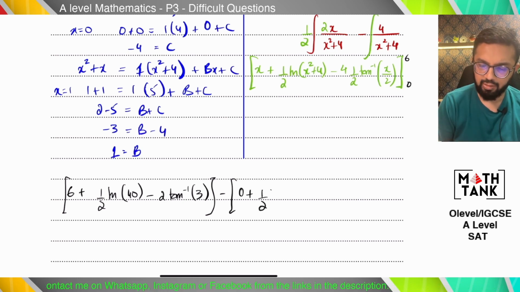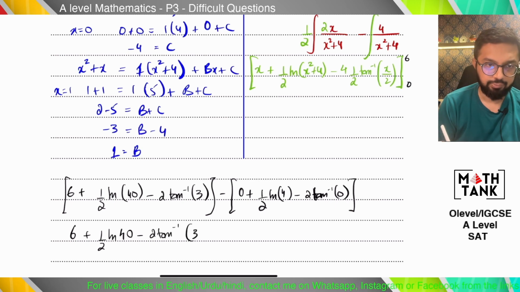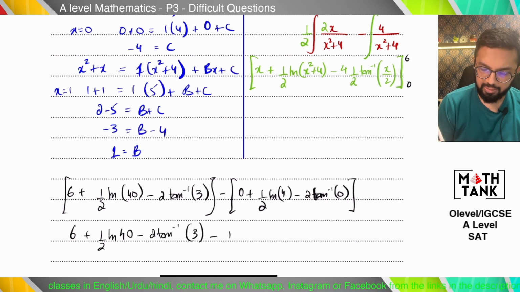0 plus half ln 4 minus 2 tan inverse of 0. So 6 plus half ln 40 minus 2 tan inverse of 3 minus half ln 4 minus 0.